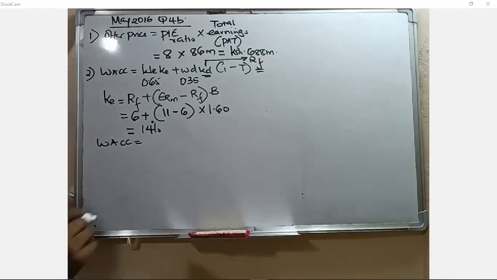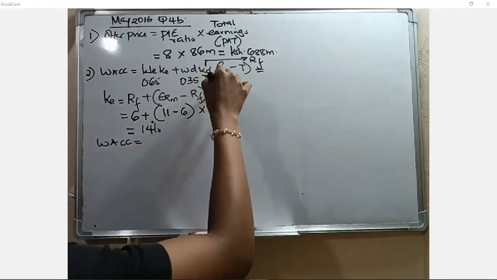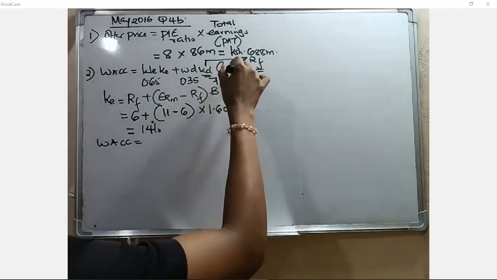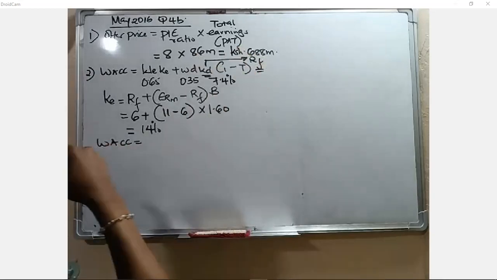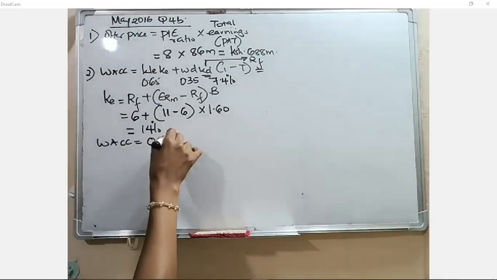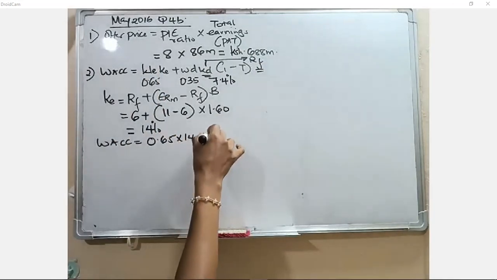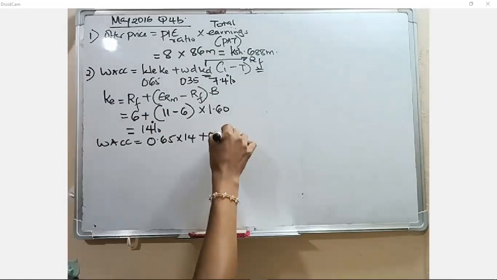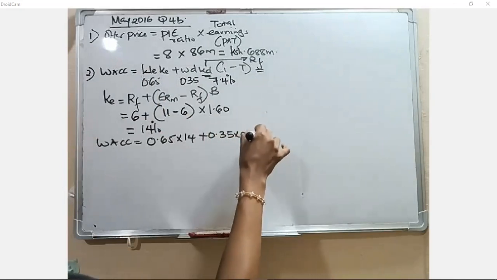So already the examiner has given us the cost of debt as 7.4%. But when it is not given, you know what we're supposed to be doing. So the weight of equity is 0.65 times the cost, which is 14%. Then the weight of debt is 0.35 times 0.074.